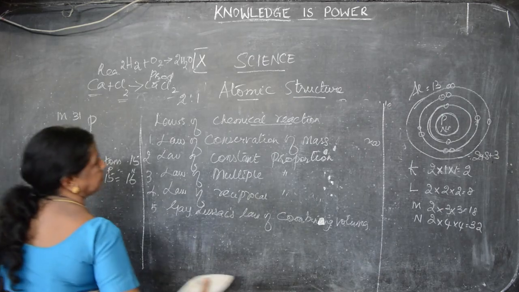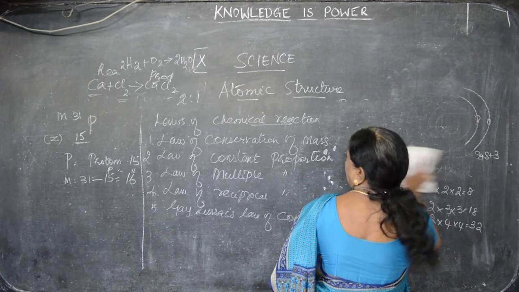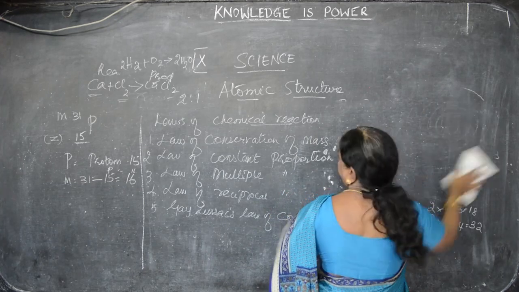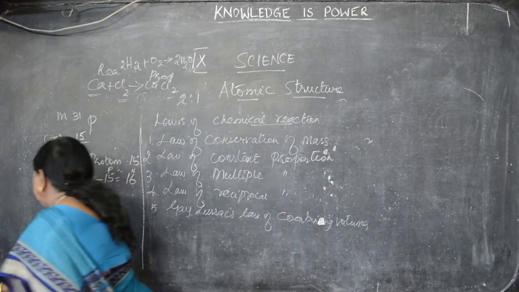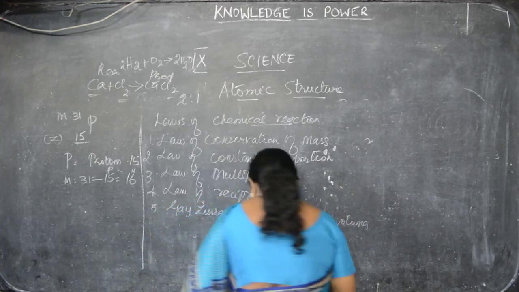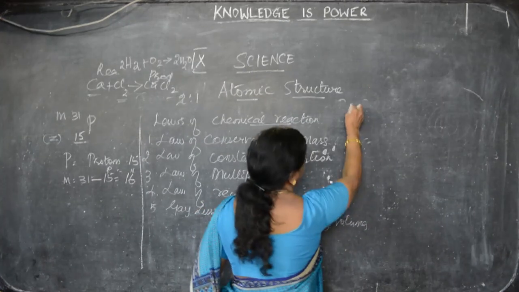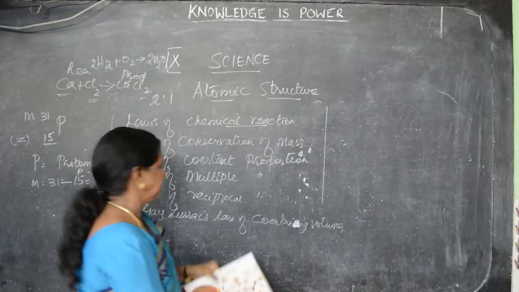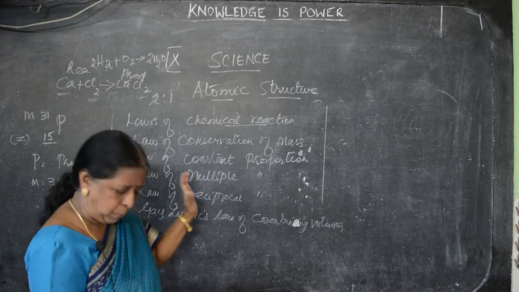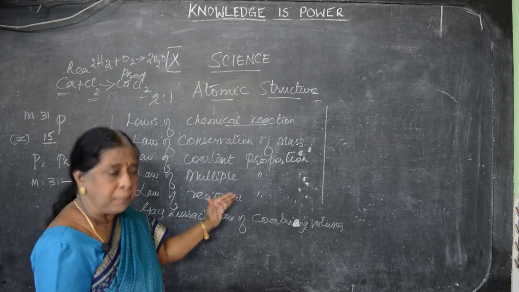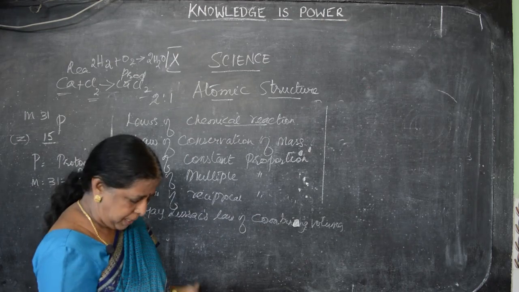We will see now. First we have to see the law of constant proportion, and the law of multiple proportion. What I said now? When two elements A and B combine together to form more than one compound, the different masses of A combine with a fixed mass of B in a simple ratio.